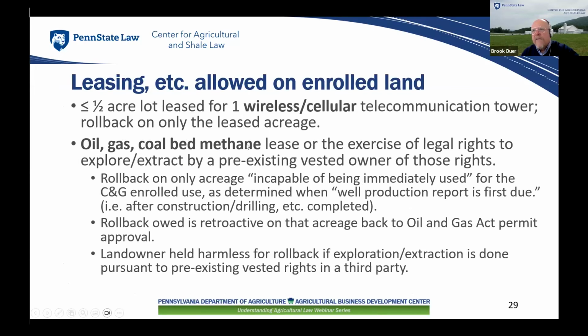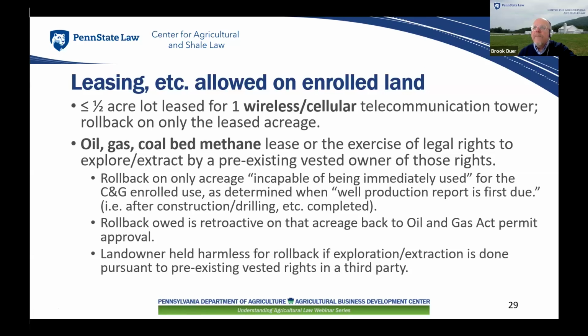You can, in fact, lease or have people who own the mineral rights, which could include you as the owner, explore and extract oil, gas, and coal bed methane. And there are various ins and outs of that. I remember being intimately involved in drafting all that language. I've probably forgotten more about it than I knew back when I did it.